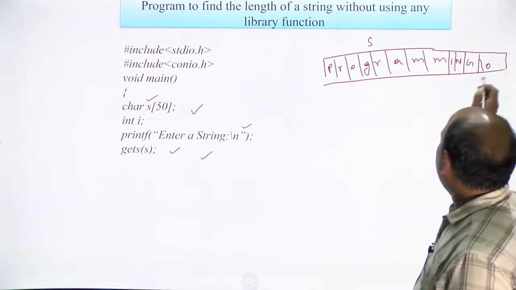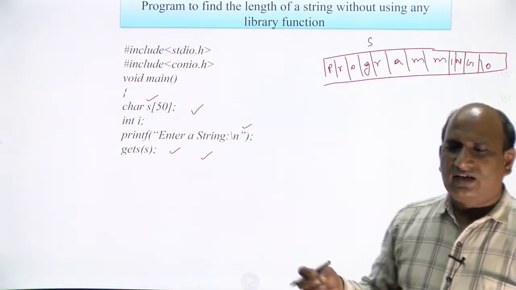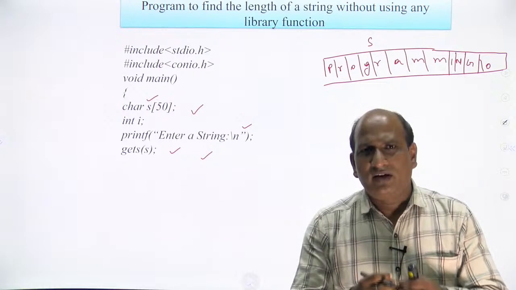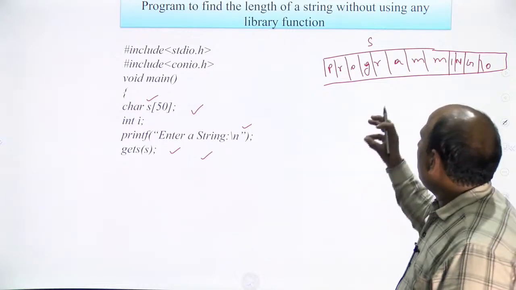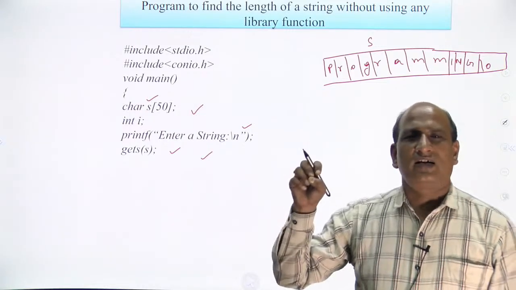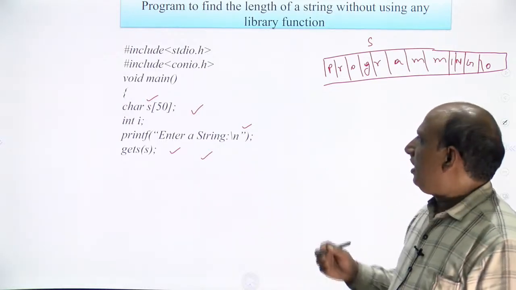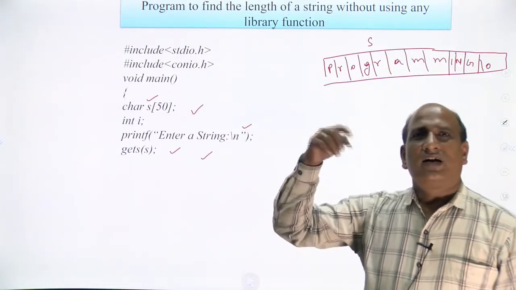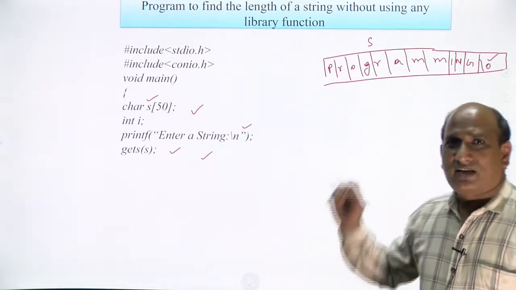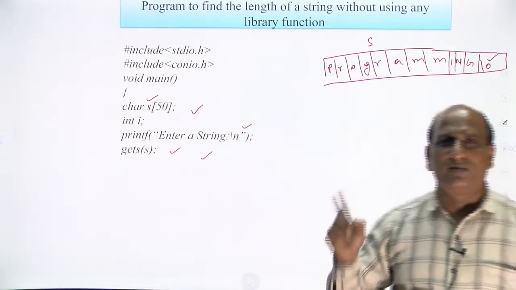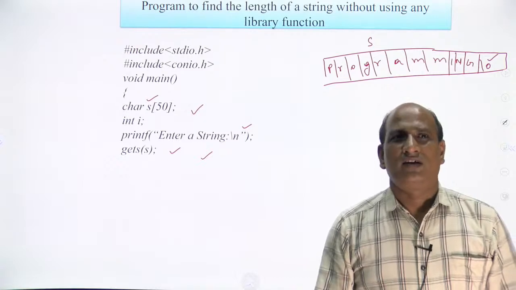If we want to find the length of this string, meaning how many characters are there, we will traverse each character and count it with a counter variable, and we will traverse until \0 is found. Until we find the null character, we will keep traversing the array and counting with a counter variable.